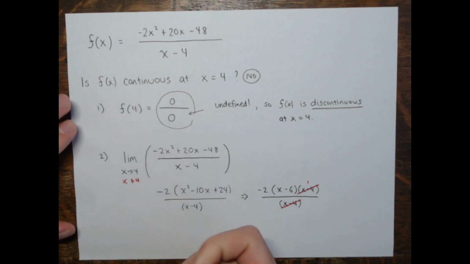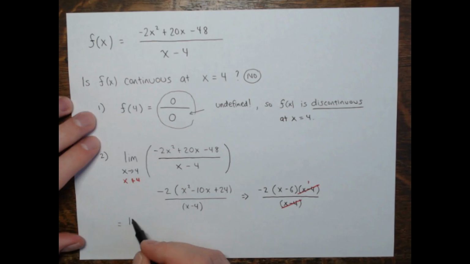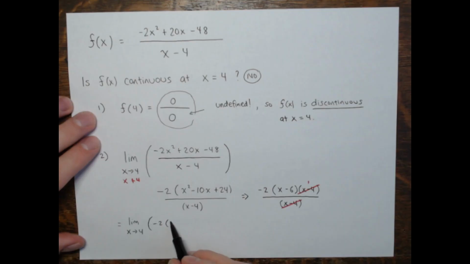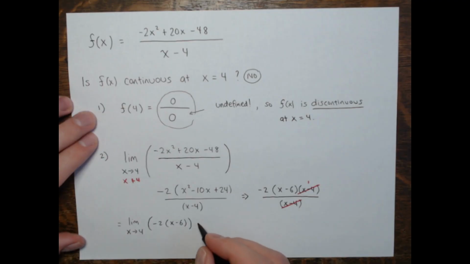So my limit here is equivalent to the limit as x approaches 4 of what's left over after simplifying, this -2 times the quantity x minus 6. Now I have an expression where I can apply the limit laws and just do a direct substitution. If I plug in 4 for x, 4 minus 6 is -2, times -2, is +4.